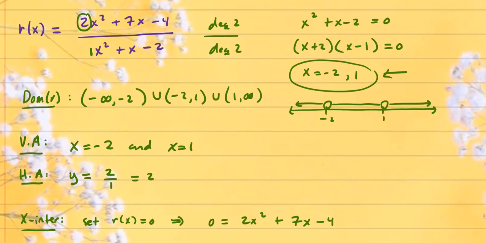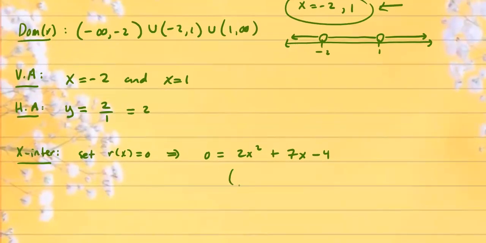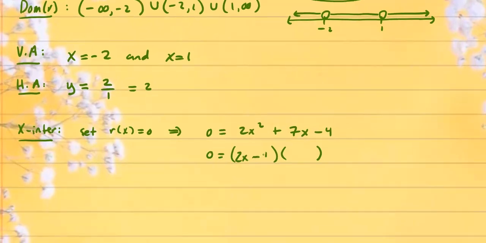And now you try to factor this so that way we can find our x-intercepts. We can again factor this by using the AC method, which again, if you need help, there'll be another link in the description box below so you can check it out. This can be factored by using the AC method as 2x minus 1, and x plus 4. So these are the factors, I believe, for this function.